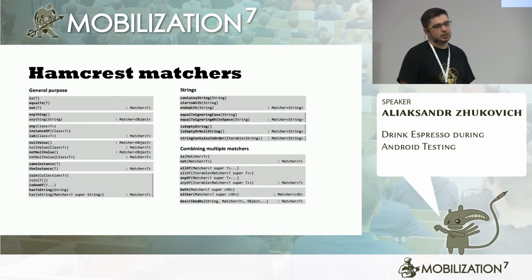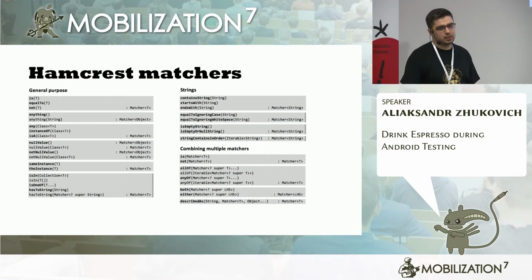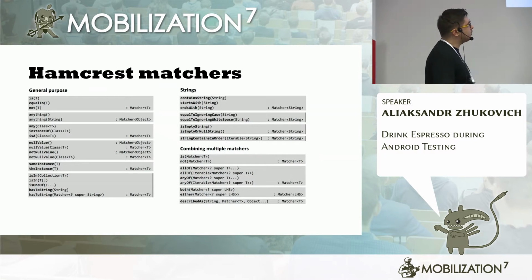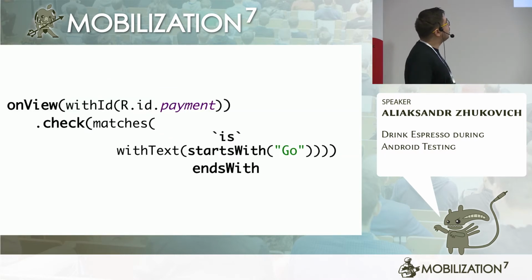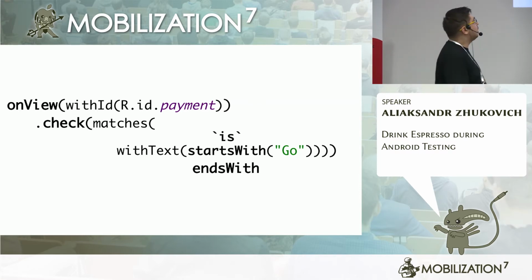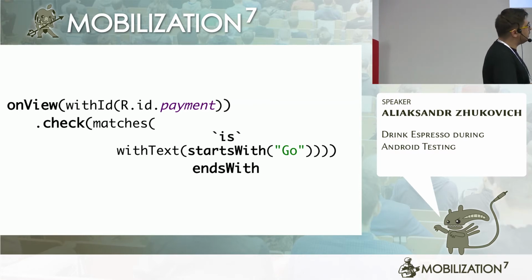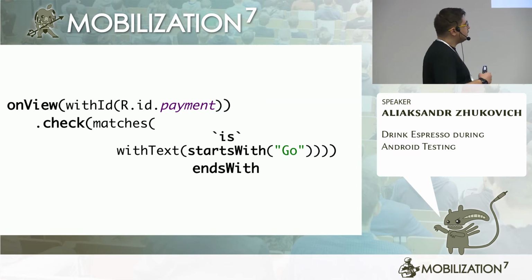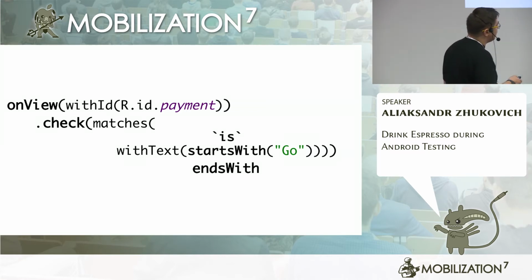Espresso is closely integrated with Hamcrest. This library has many different matchers, and I would like to show you how we can use it. Here we have simple Espresso code, and we use this text matcher. This text matcher can use plain text, resources, or some Hamcrest matchers.